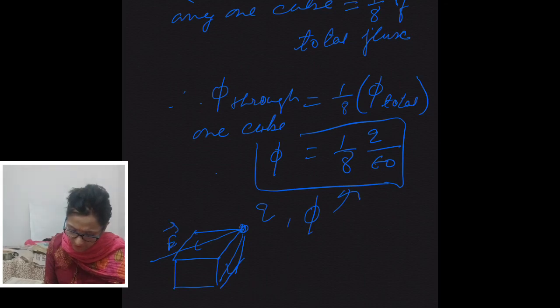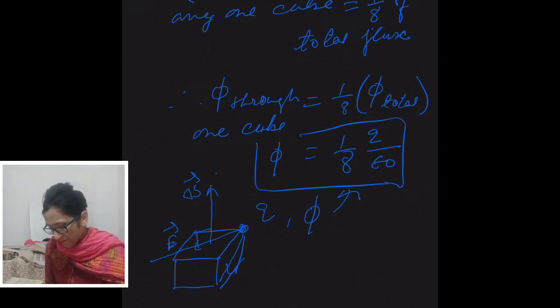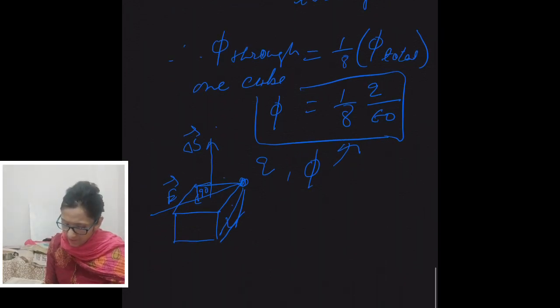The field line is along this direction and the surface vector dS is along the perpendicular direction. So the angle between the two is 90 degrees for 3 adjoining surfaces of this charge.